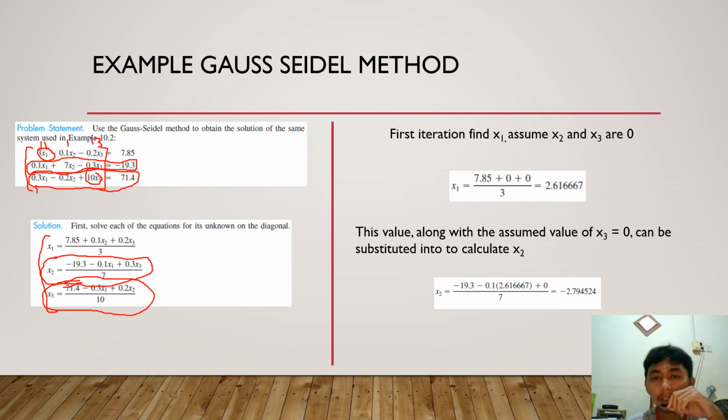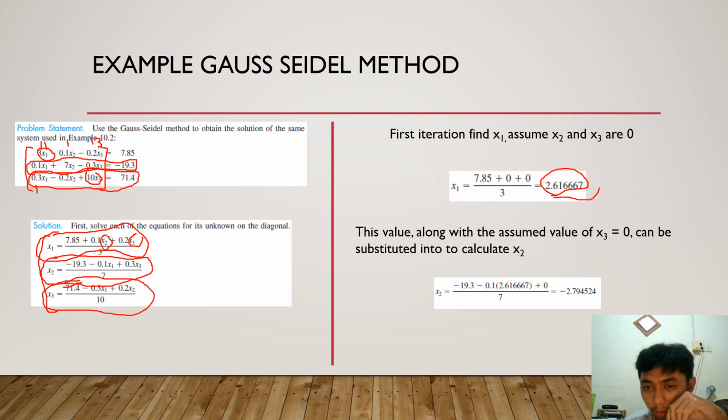Then in the first iteration we find x1. We assume, or we guess, that x2 and x3 are 0. We just substitute x2 and x3 as 0 into this equation, and then we obtain this value. This value, along with the assumed value of x3, can be substituted into the calculation of x2.